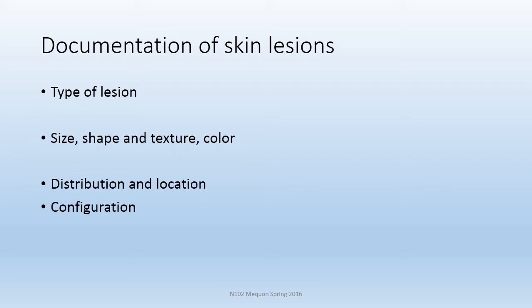Some other things that you might want to include in your assessment and then also as part of your documentation is the distribution of the skin lesions. Distribution is described according to the location of the lesions on the body, as well as the symmetry or asymmetry of findings in comparable body areas.